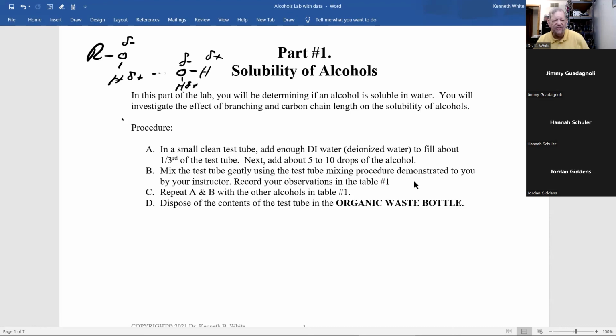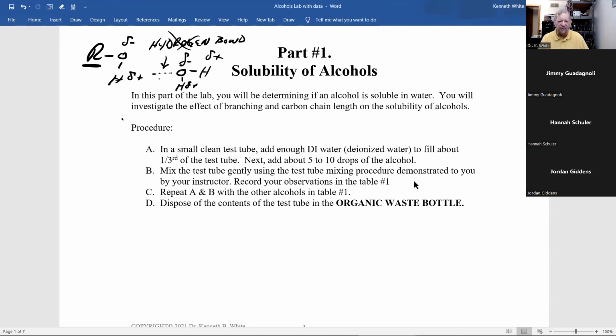And here we have this slight attraction, which is called the hydrogen bond. That helps make certain alcohols soluble in water. But if R has too many carbons, then this is overcome, and it doesn't help make it soluble.